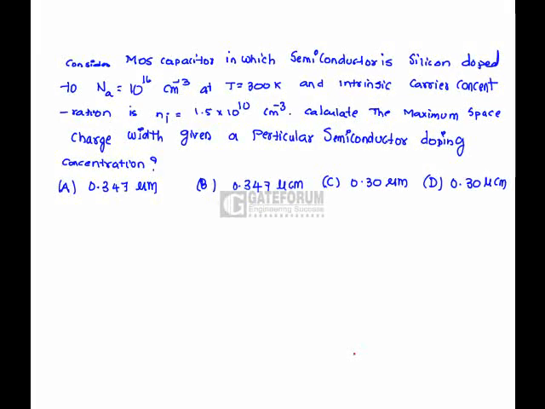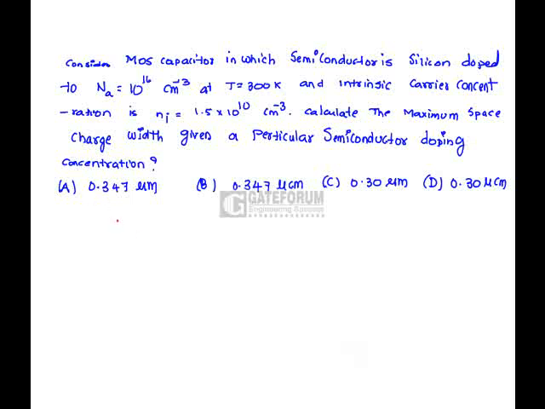A MOS capacitor in which the semiconductor is silicon doped with Na equal to 10 power 16 centimeter power minus 3, at T equal to 300 Kelvin, and intrinsic carrier concentration is 1.5 into 10 power 10 centimeter power minus 3. Calculate the maximum space charge width for the given semiconductor doping concentration.